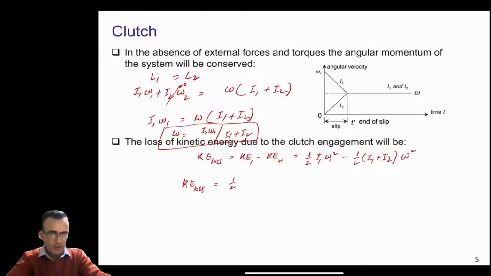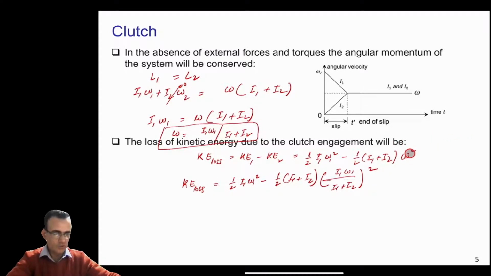half I1 omega 1 squared, minus half I1 plus I2 times omega squared, where you put omega from this equation, which is I1 omega 1 over I1 plus I2, and this will be squared because omega is squared.